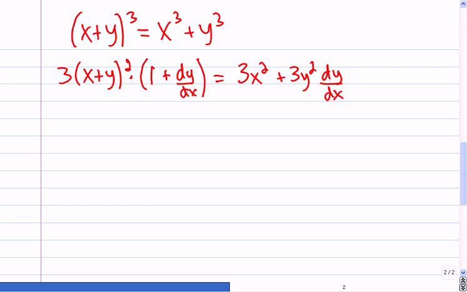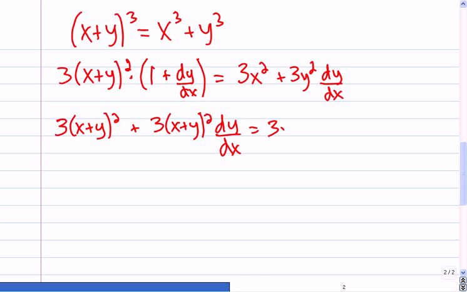And now I've got to try to isolate those dy/dx's. Can move these to one side. So let's move them all over to the left side.